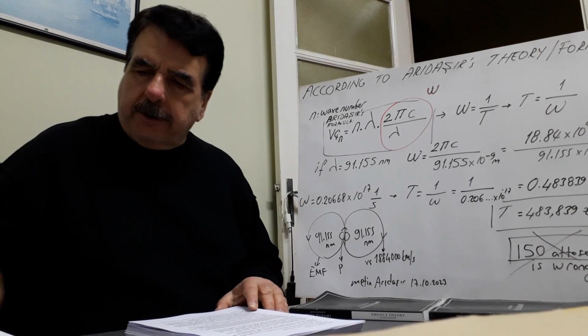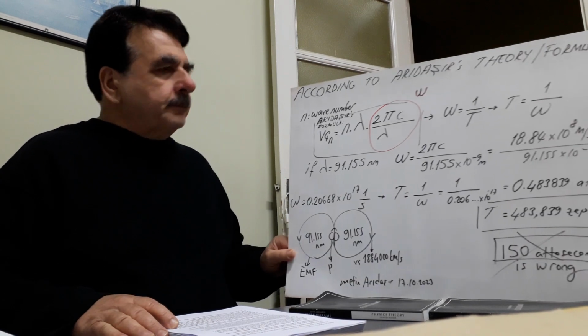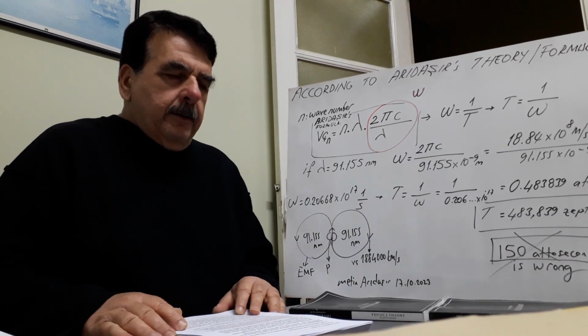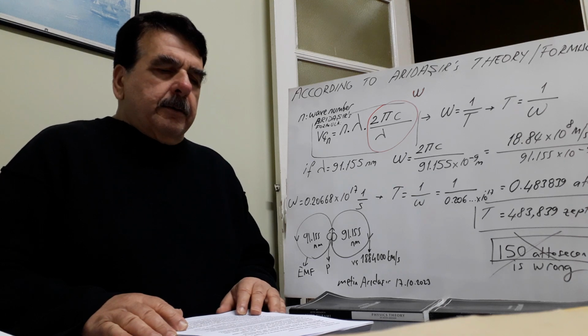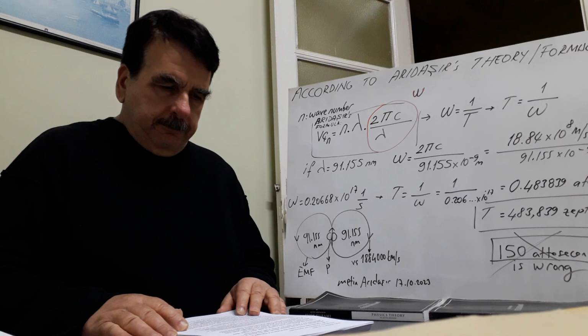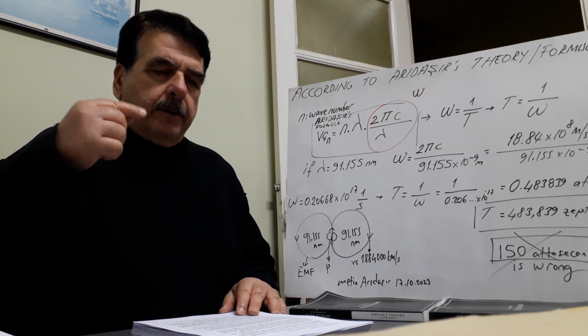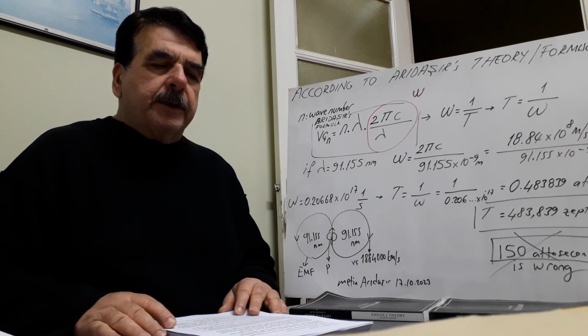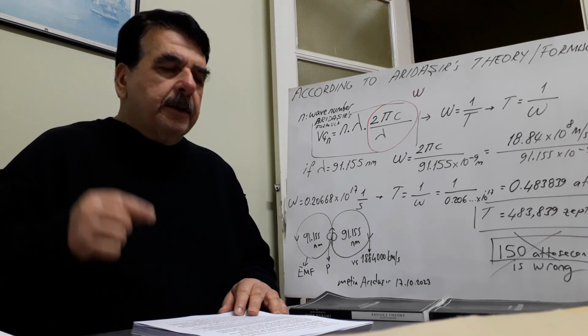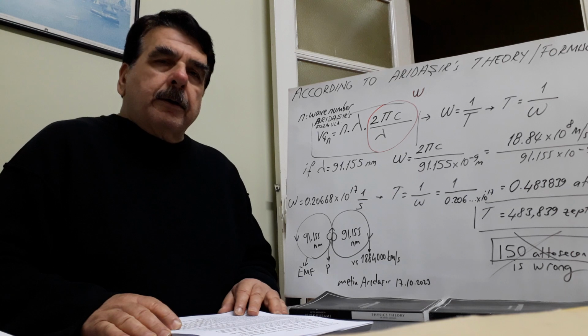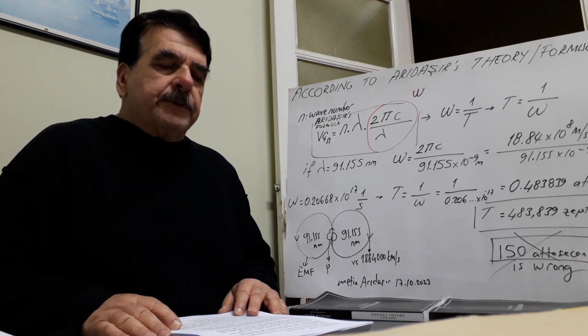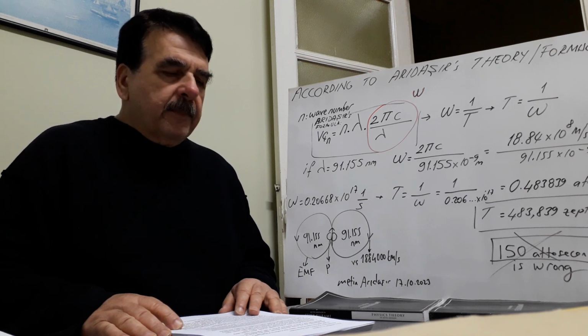According to my theory and my formulas, in 484 zeptoseconds, a photon orbits the proton in a hydrogen atom in 484 zeptoseconds.